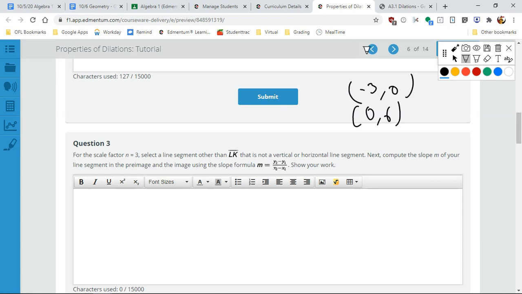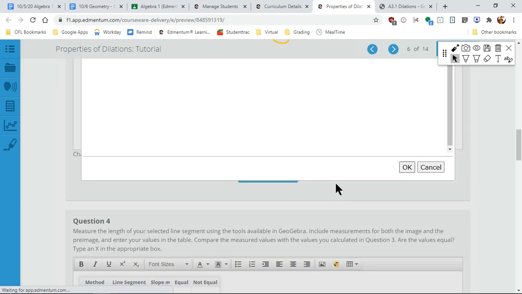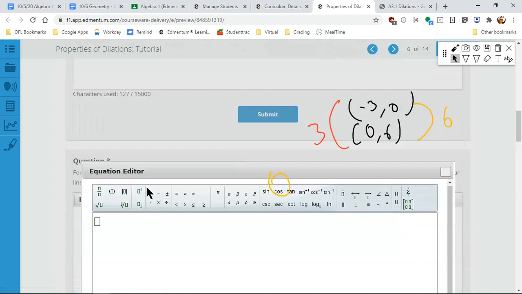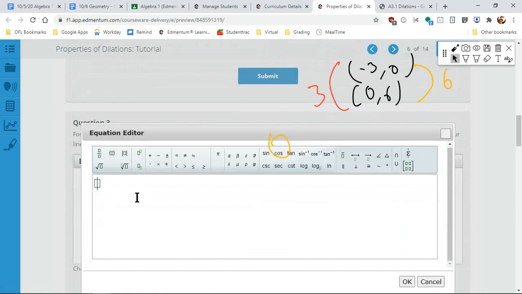So my first point is -3 comma 0. Now, what I like doing when I calculate slope, I don't really like using this formula. I like going like this. How far did I rise? I rose 6. And then I go like, how far did I run? Oh, I ran 3. So I end up getting this 6/3. They want you to do the formula, and I guess that's fine. There's two ways to do the formula.